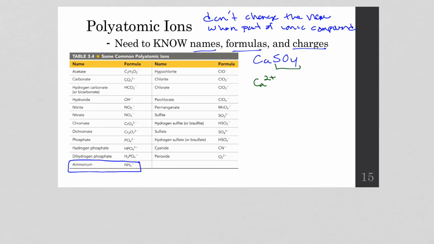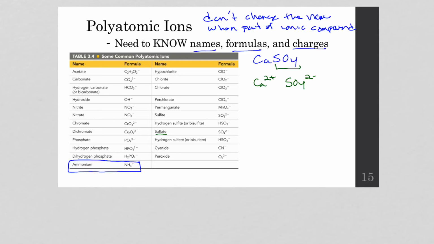Now, eventually, we'll know that SO4, if we look here in our table, right, is the sulfate, or the SO4 with a 2 minus charge. Now, we can see that this makes sense, right? Because we have one calcium and one sulfate, so it makes sense that they have the same charge.